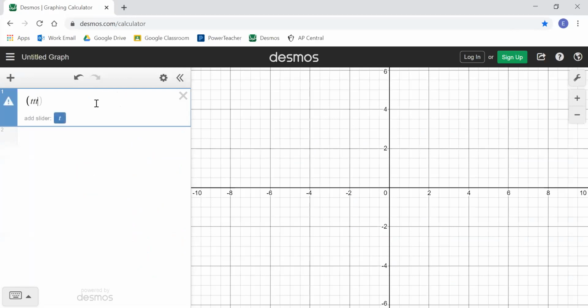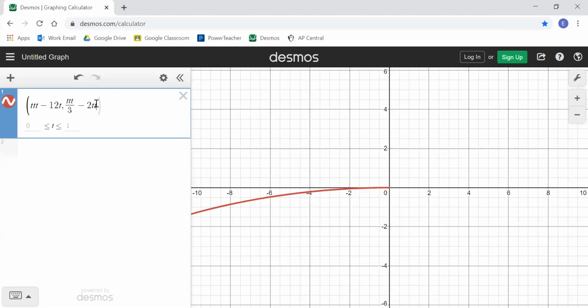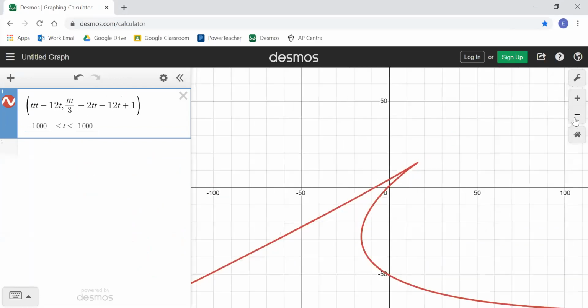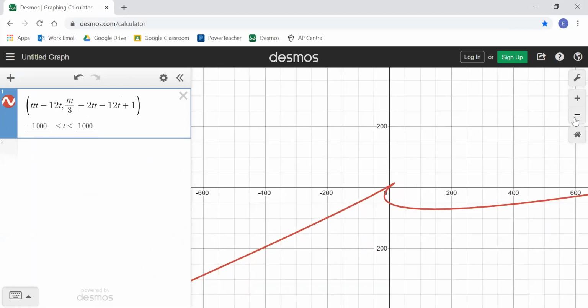What do we have? t cubed minus 12t, and one third t cubed minus 2t squared minus 12t plus 1. And if we were to look at this from, we'll just put in like negative 1,000 and 1,000, we're going to need to shrink this out a little bit. This is what the graph looks like.